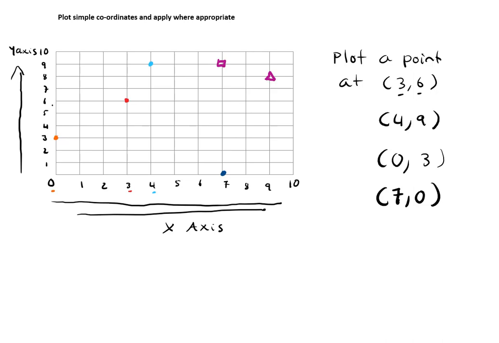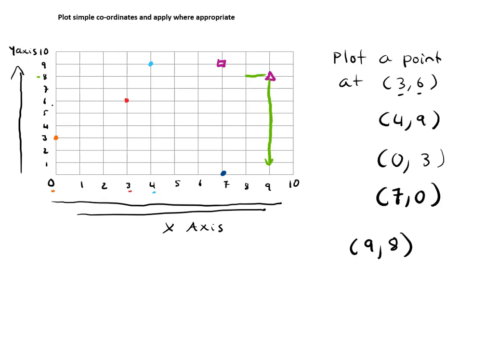Well, we first of all go out along the x-axis, then we go up along the y-axis, and we can see that on the x-axis, down from our triangle, is point 9, and on the y-axis it is 8. And so we record it in that same sequence. The x-axis first, that would be 9, and the y-axis second, which would be 8.